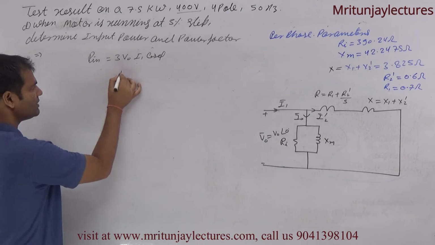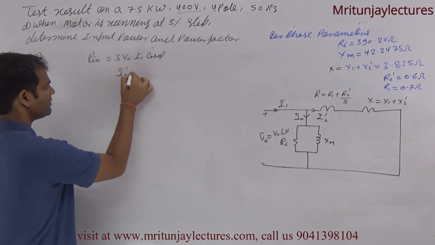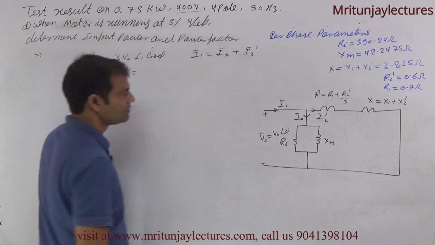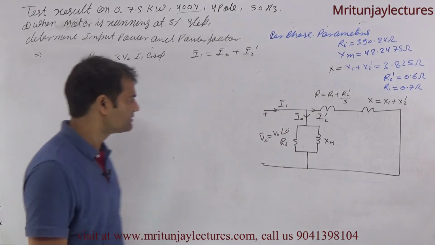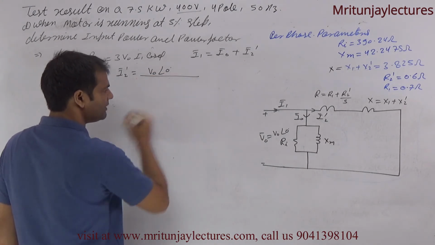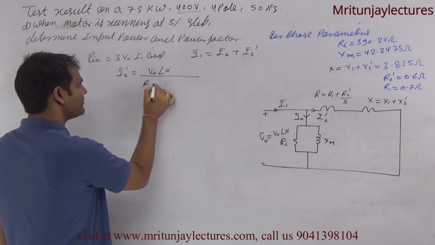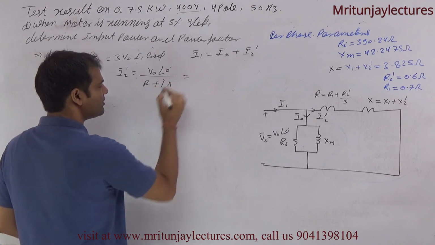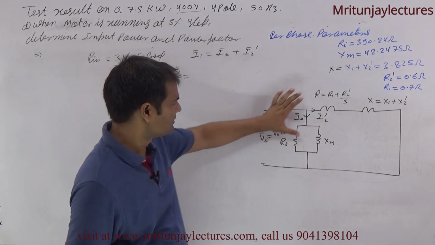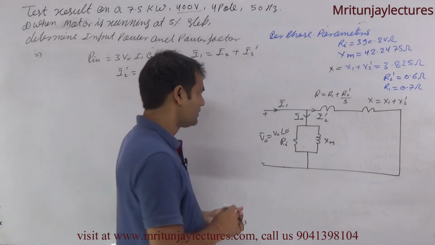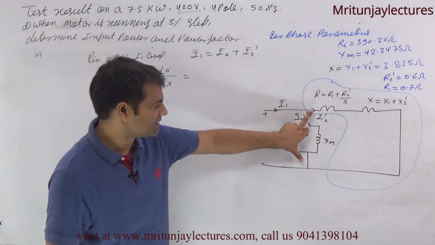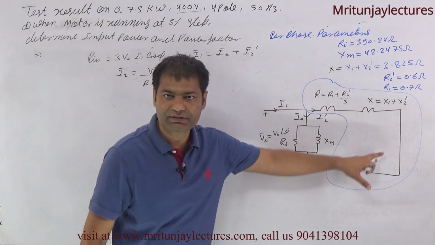Now, what about I2 dash? If you want I1, determine I0 plus I2 dash. So what about I2 dash? I2 dash is written as V0 at the angle 0 divided by R plus jX. Okay, clear? If you want I2 dash, then this voltage divided by this impedance.